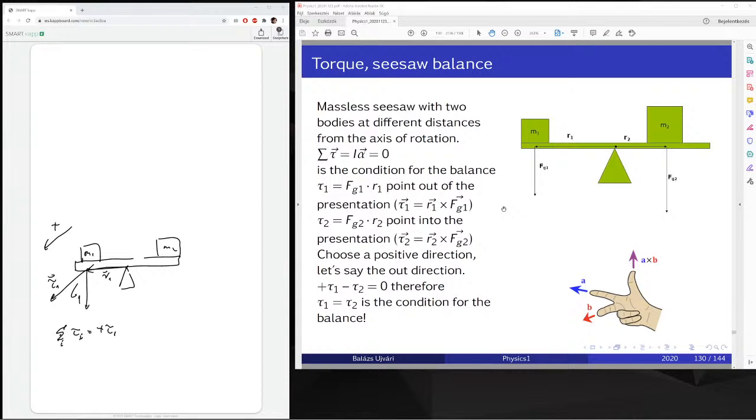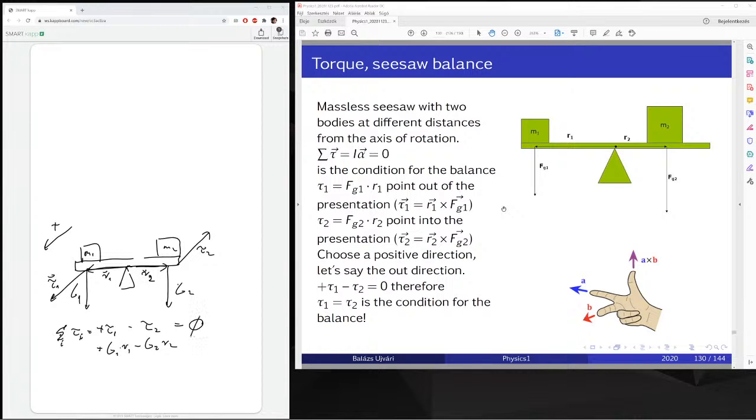It's a positive G1 times R1. What about the others? R1 is this one. R2 is this one. G2 is this one. This torque will go behind the screen. And since this is opposite to the positive direction, this will be minus tau 2. So minus G2 R2. What is the condition of the balance? This has to be 0.